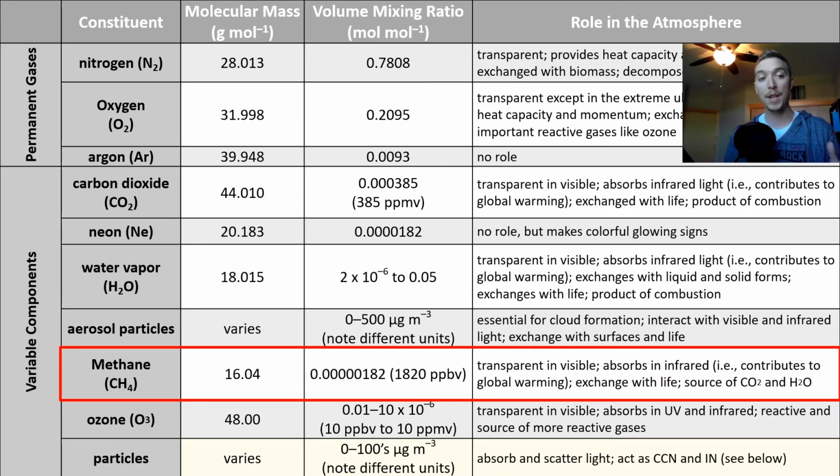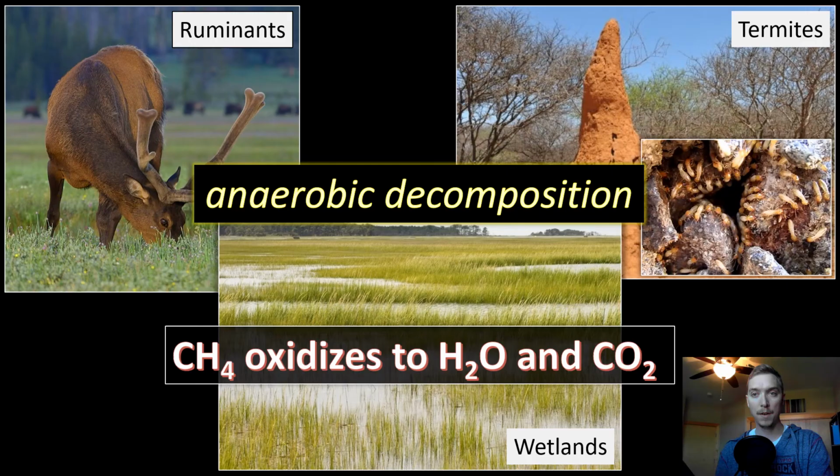But for now, let's talk about methane, or CH4. It absorbs infrared, it exchanges with life, all these other things that a lot of these other gases do as well. They're byproducts of organic matter on the planet. Methane can be given off by anaerobic decomposition, which we can see here.